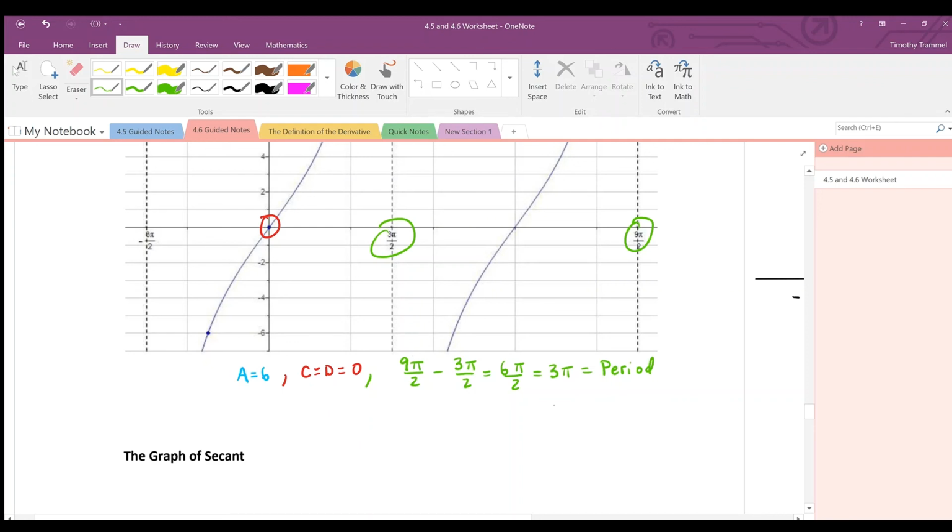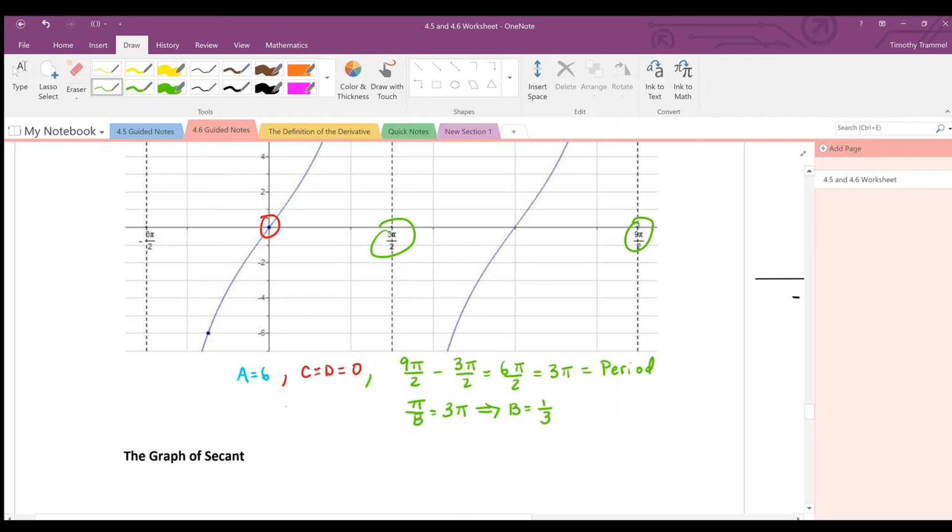Okay, and you might be wondering, well, why is this helpful? This didn't give us B, which is the last thing we have left to find. Okay, well, we know that the period is also given by pi over B, right? Pi over B should be equal to whatever the period is. And so if you solve for B here, we get 1/3.